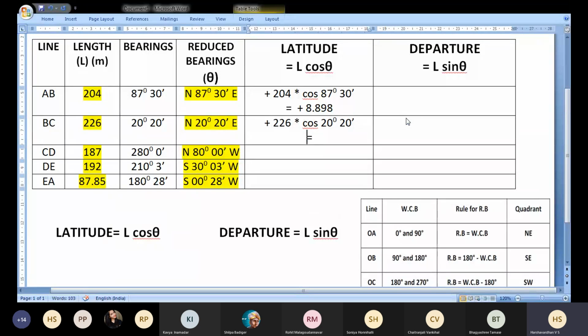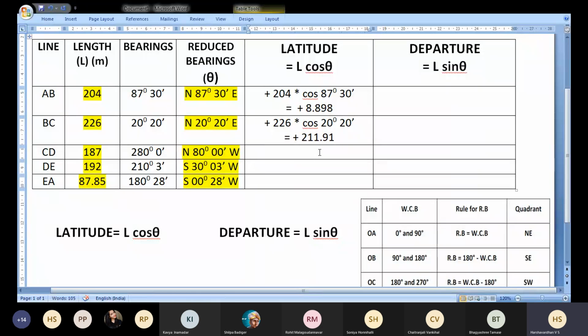Tell the answer with respect to sign convention. So latitude is plus 211.91.